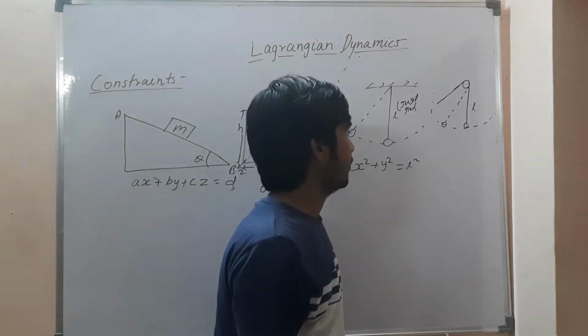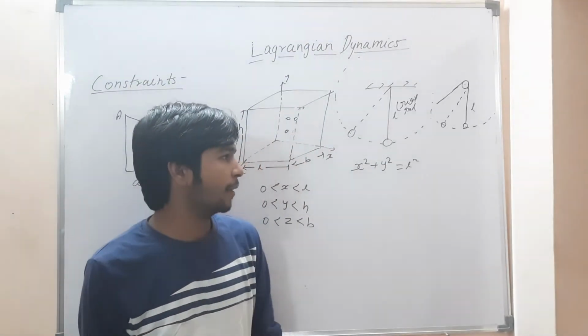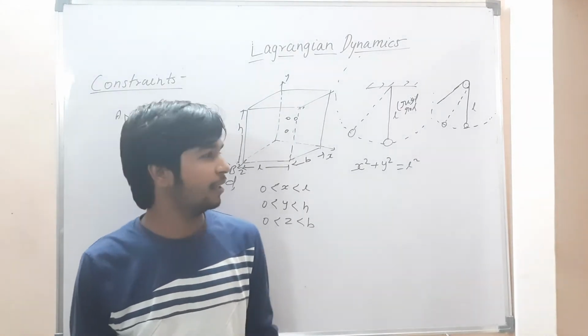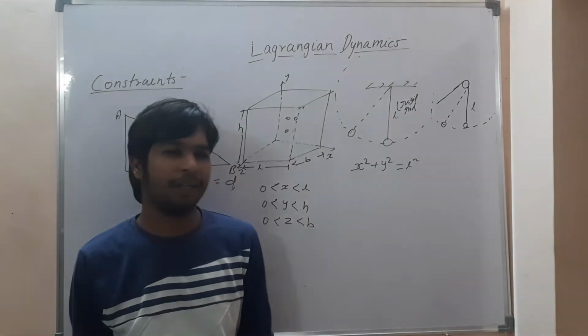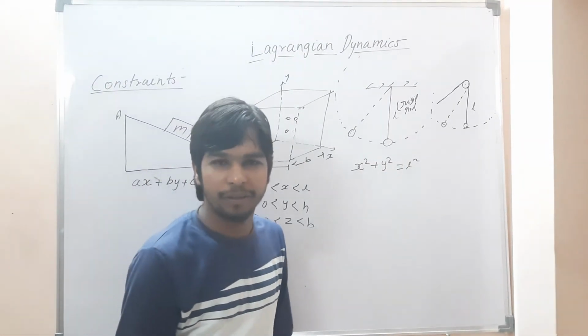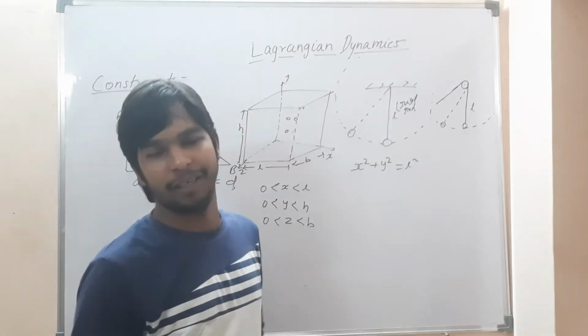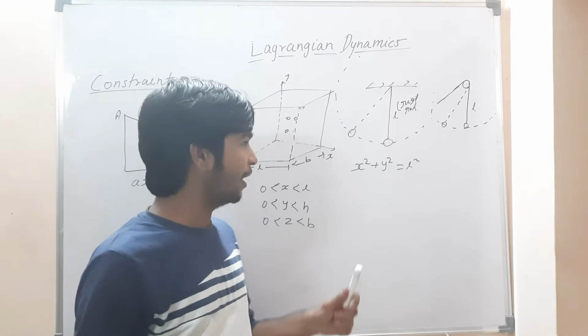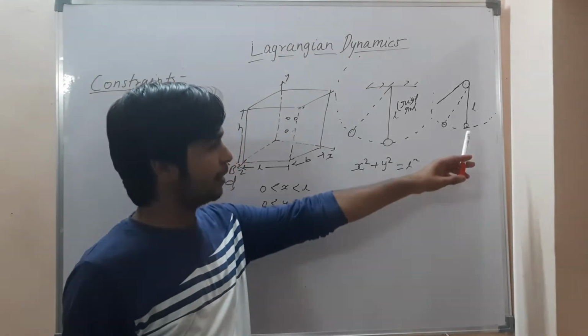In the fourth example, how can we write an equation? Can we write it? If we cannot write it, then this constraint is there. So how can we define the position of that pendulum? We can write it as an equation, but the difference is that the equation will depend on time.